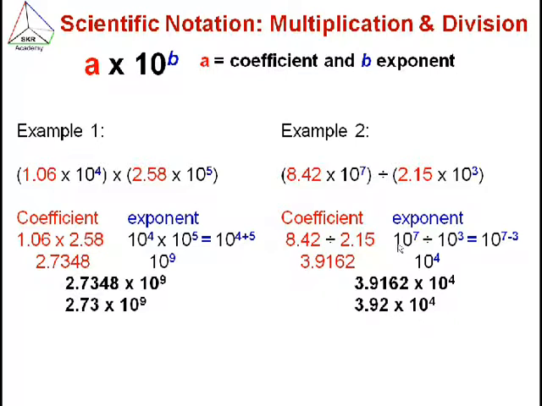So it's very simple. We just multiply or divide the coefficients separately and the powers of 10 separately. In multiplication you add the powers, and in division you subtract the powers.